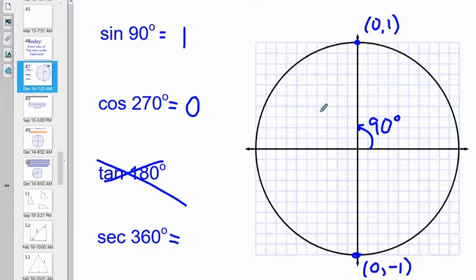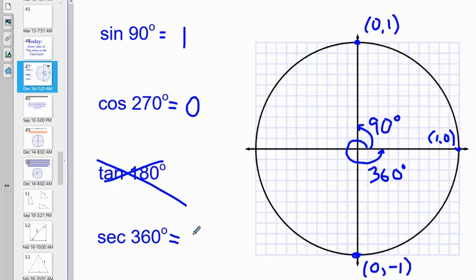Now, 360 degrees, that's a full rotation all the way around. And so if I've got a 360 degree rotation, that means I'm in my same initial position. The coordinates of that point are 1, 0. And so the value of cosine, the x-coordinate, would be 1.